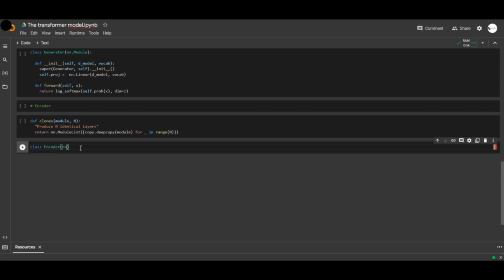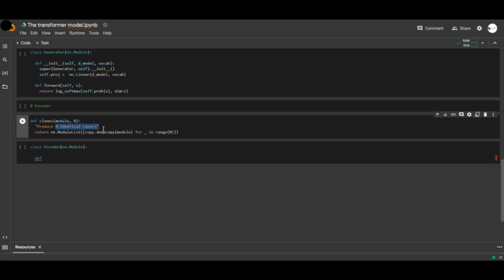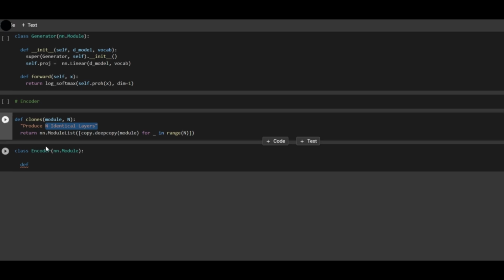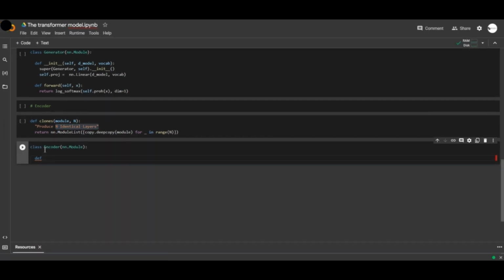So we're going to take in from the module, then we're going to say def. One thing to keep in mind, like I said, is that we produce N identical layers, even with the encoder. Within those N layers we have sub layers. So what I'm going to do now is initialize this.